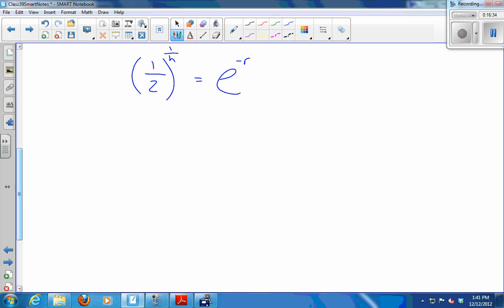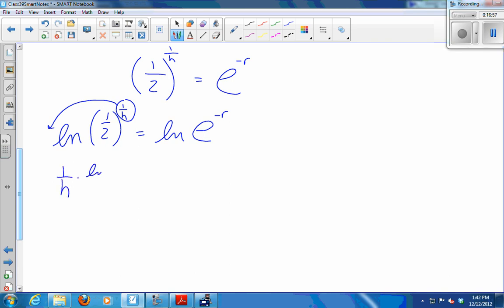ln of both sides. So the ln of 1/2 to the 1 over h equals the ln of e to the negative r. And now on the left, I can apply the rule of logs that lets me take this exponent and put it down in front. And I get 1 over h times the ln of 1/2 is equal to, what is the ln of e to the negative r? Negative r.